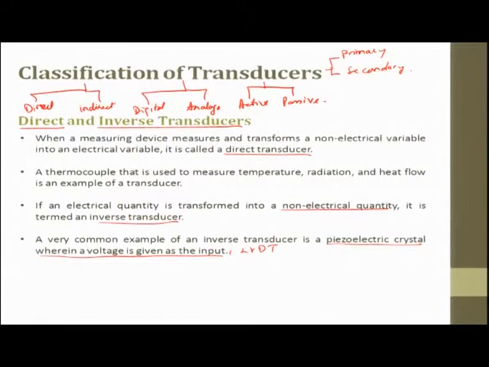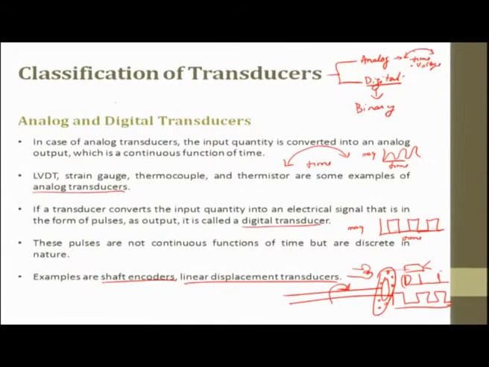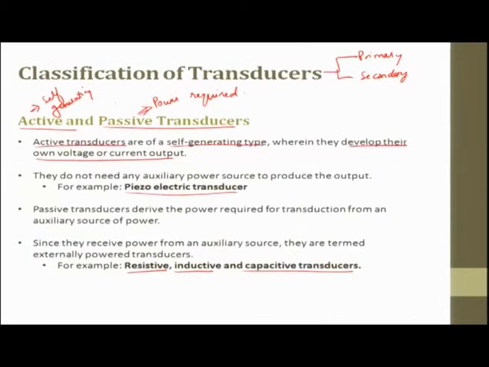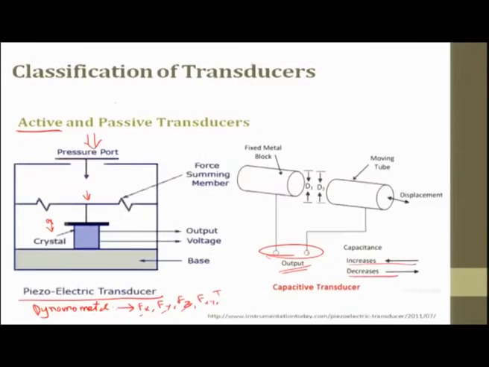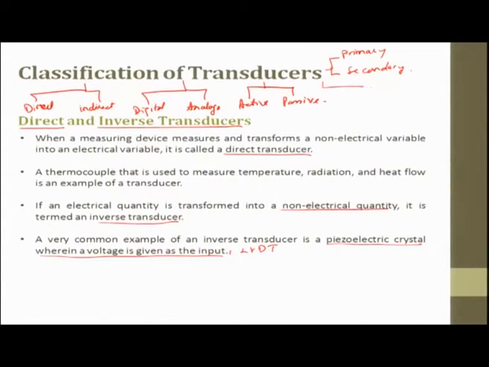I think I have covered all the classifications: direct, indirect, active, passive, and I have not yet given the basic transducers. The other one is capacitive, then resistive, then inductive. If you see inductance, you can put it as passive and active, so it can come into that category. So, these are many different types of classification of transducers.